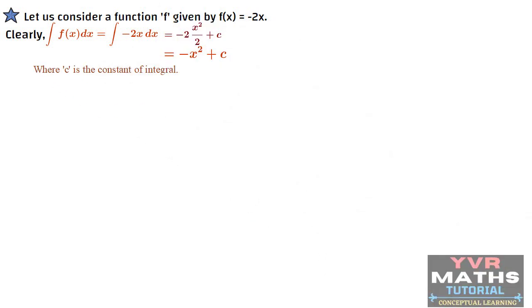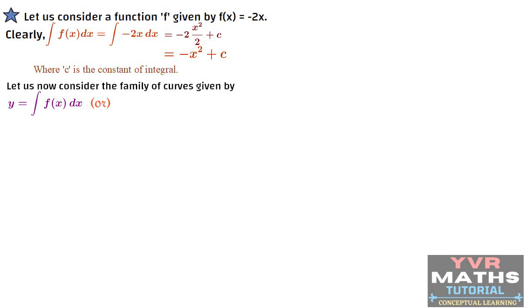We get different integrals for different values of c, but these integrals are geometrically similar. Let us now consider the family of curves given by y is equal to integral f of x dx, or y is equal to minus x square plus c.